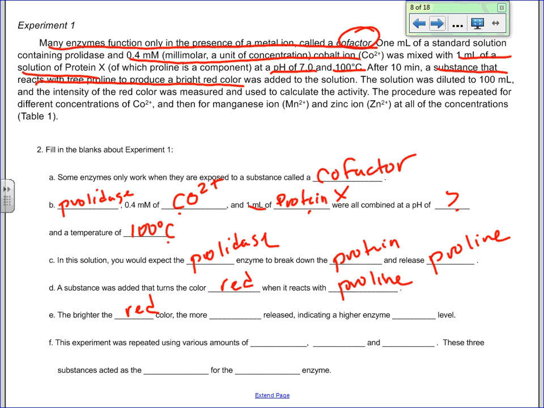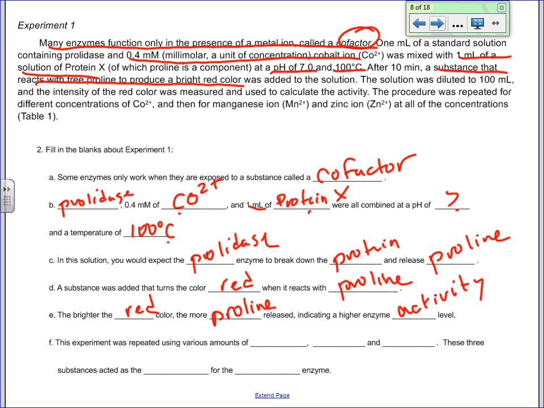The redder the color, the more proline, because that's what it's reacting with. So the more red, the more proline, the higher the enzyme's activity, because that's how fast it broke down that protein into proline.